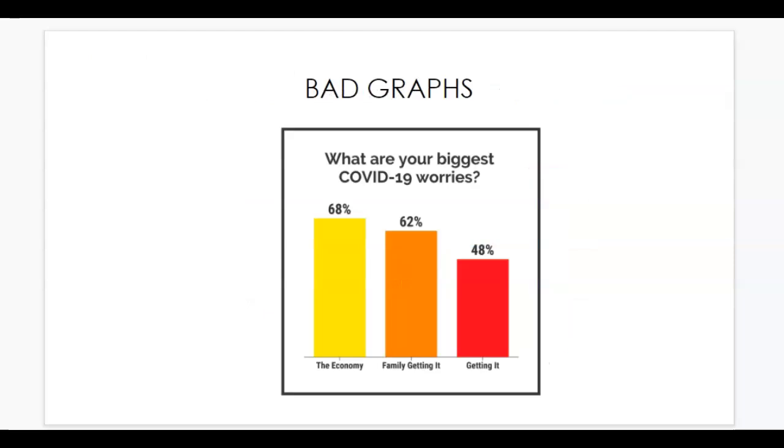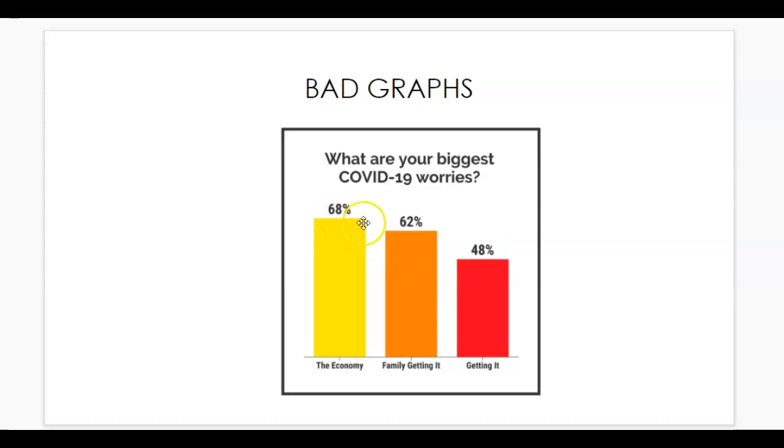Then I talked about bad graphs. We talked about what to do in order to make a graph, and these are kind of like what they shouldn't have done or what not to do. So here, a lot of students reacted to just the subject matter of the graph, but that's not really what's wrong here.